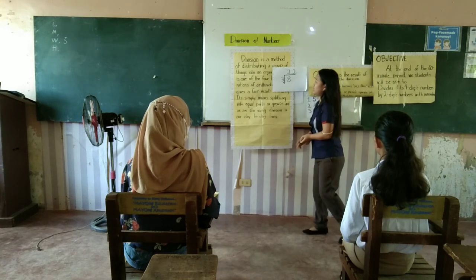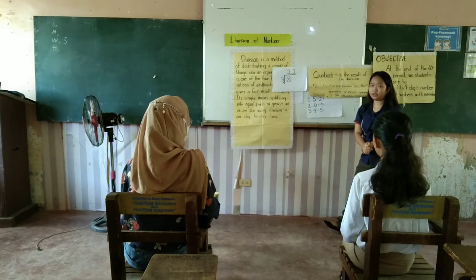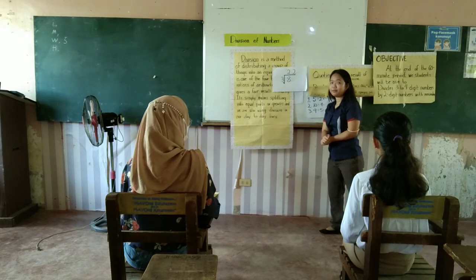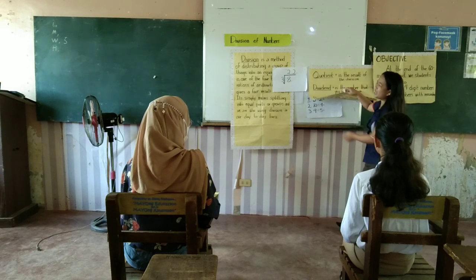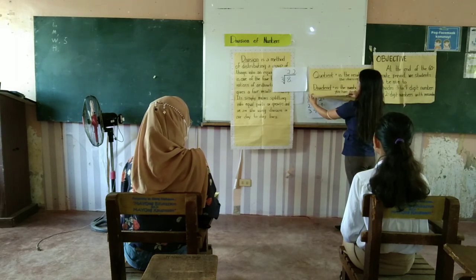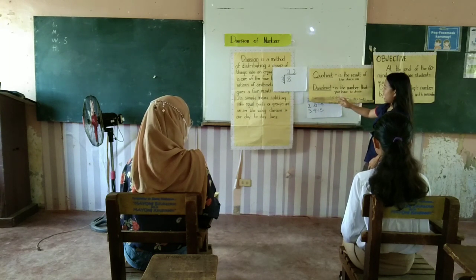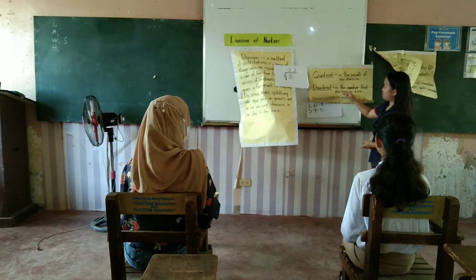Can you identify where is the divisor and the dividend? The dividend, ma'am, is number 8. So the dividend is number 8. What is dividend? Dividend is the number that you have to divide.